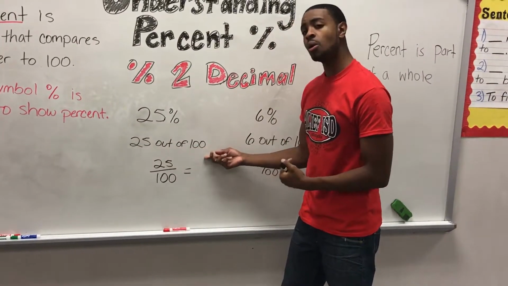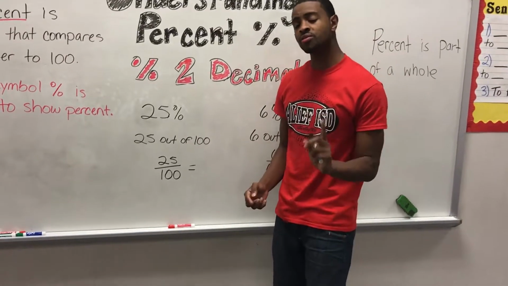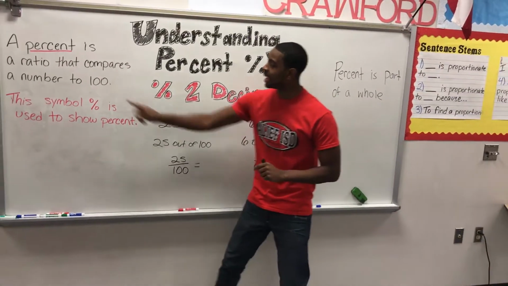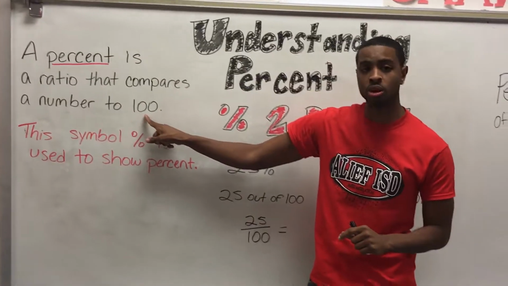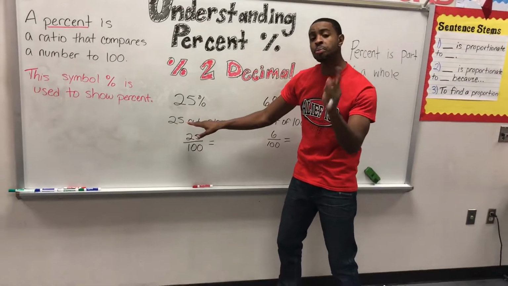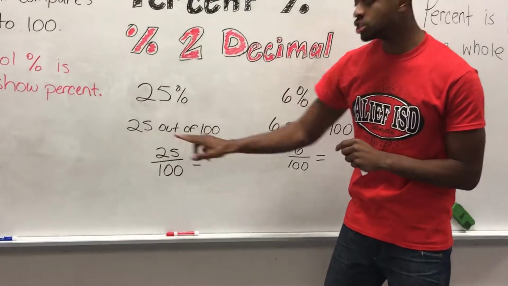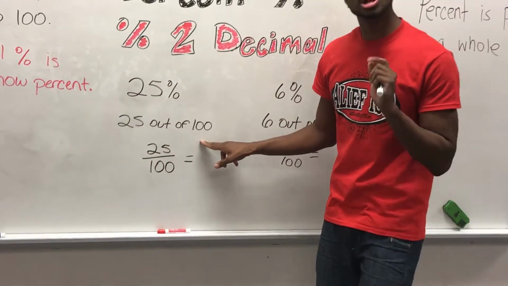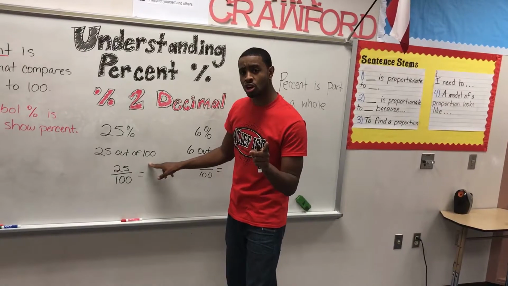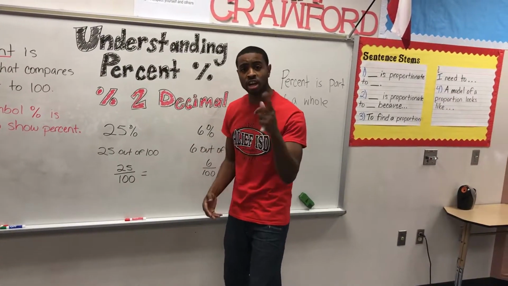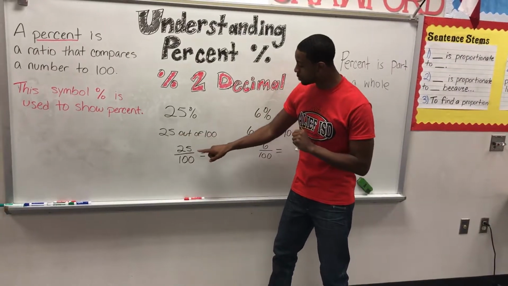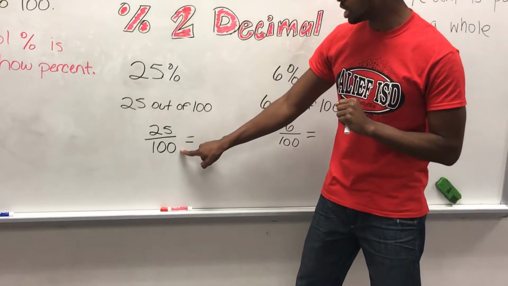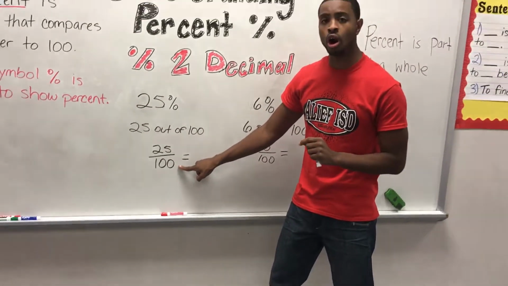Since a percent is a ratio that compares a number to 100, right here we're comparing 25 to 100. We learned another way to write ratios: in fraction form. So this ratio, 25 to 100, is written as 25 over 100.